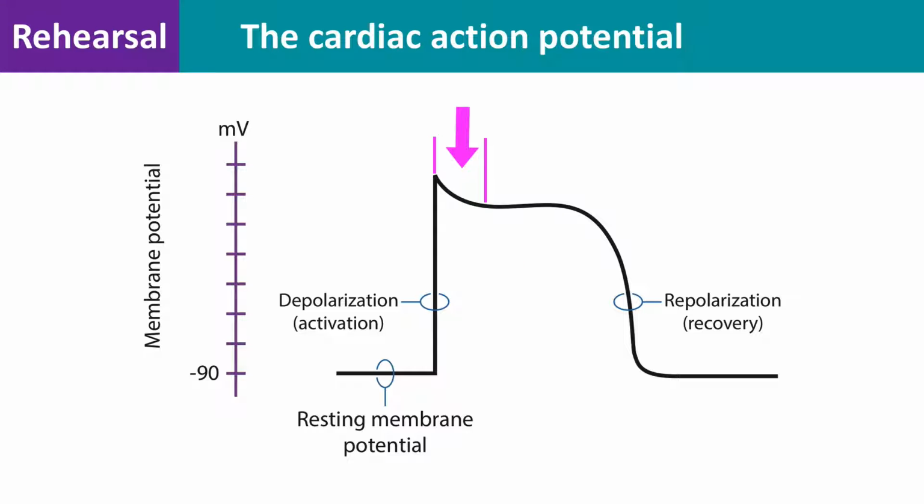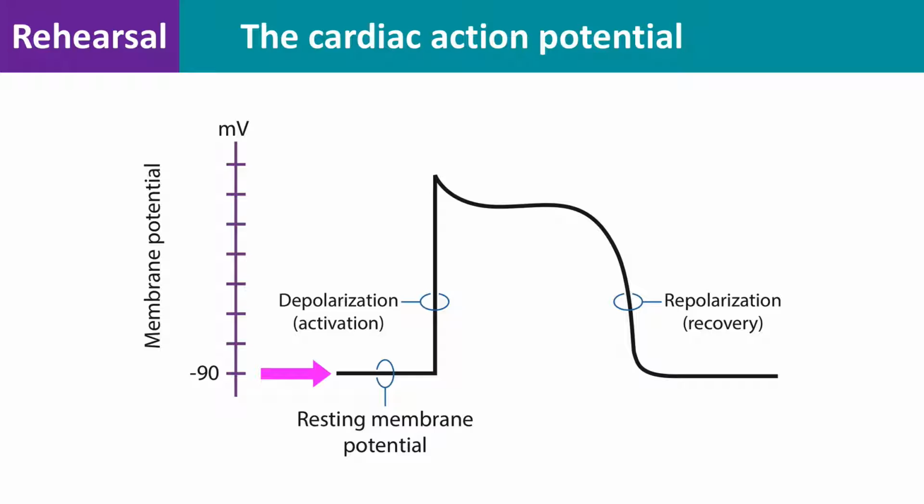This phase is referred to as the initial repolarization, and after that comes the plateau phase, and finally the rapid repolarization. Note that during the resting phase, the membrane potential is negative at minus 90 millivolts.